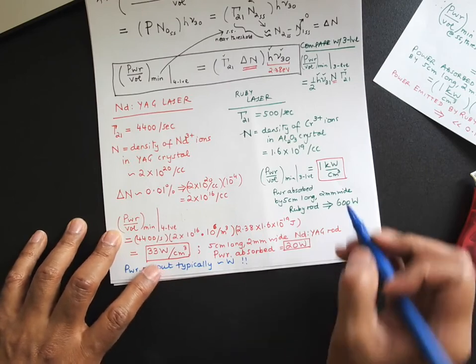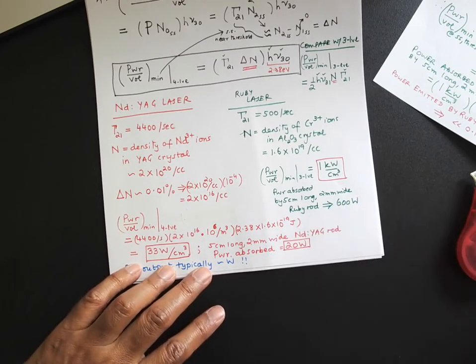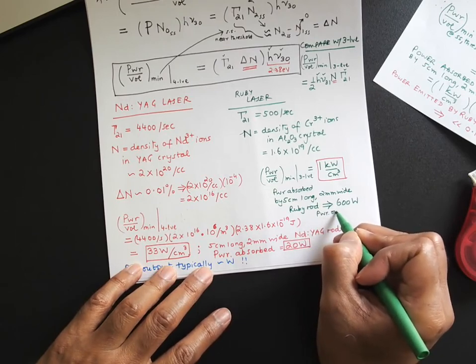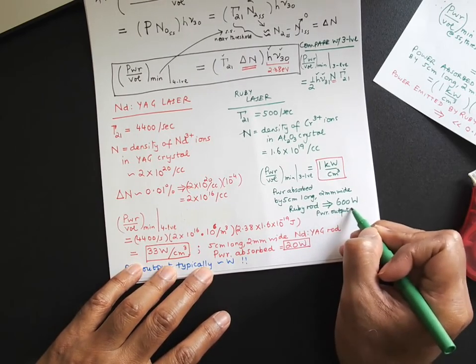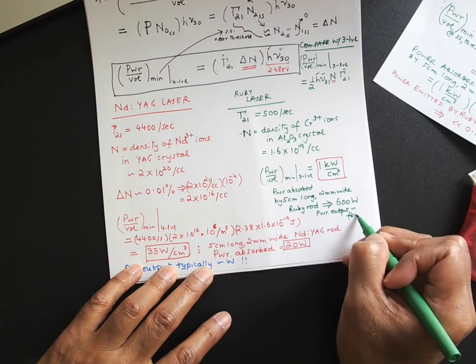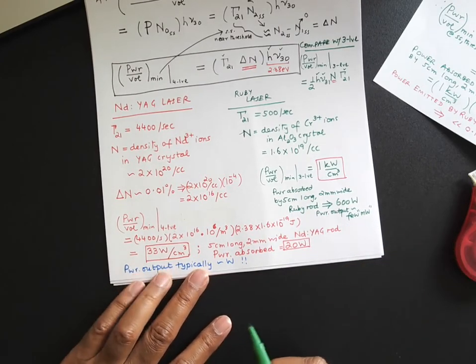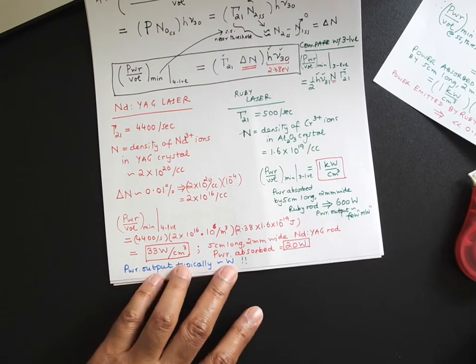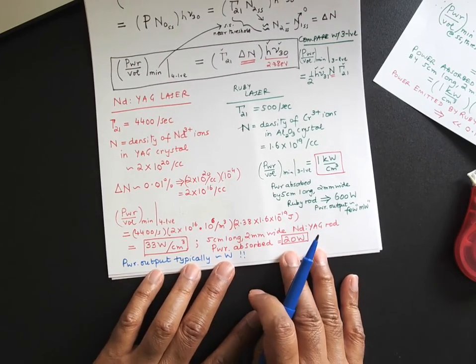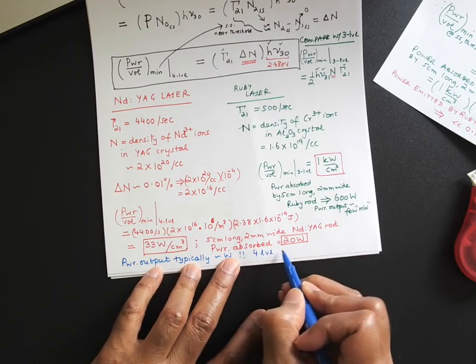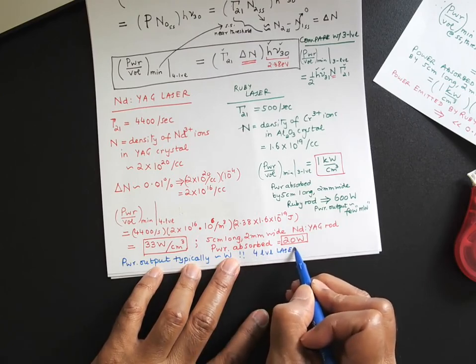And you remember that I had said that the power output for the ruby laser was a few milliwatts. Okay, so this is a very good example showing that the four-level laser rocks.